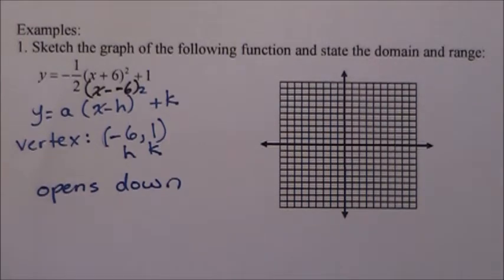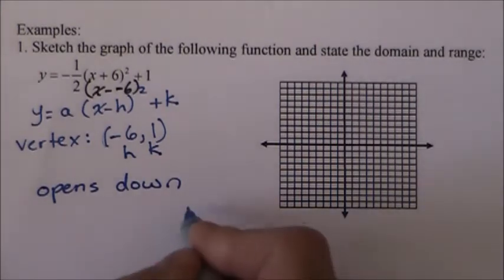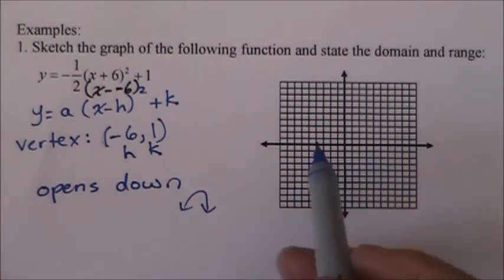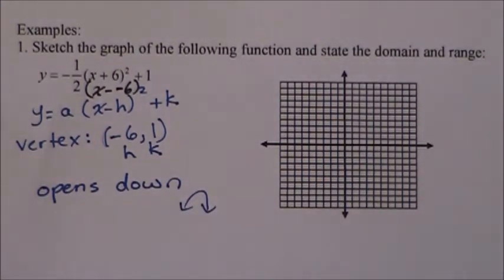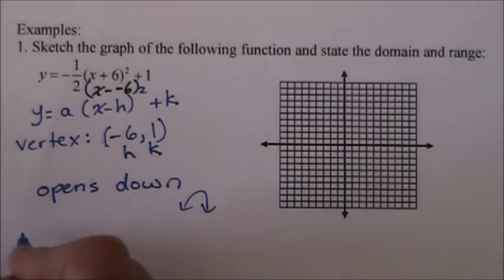So we have a couple of things we can do. We are able to plot this point. We know the graph's going to go in this direction. But for us to know how wide or how narrow this graph is going to be, we'll need another point. One of the easiest ones to find is our y-intercept, because x is equal to 0.